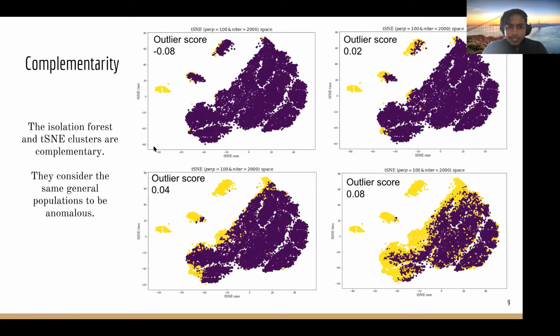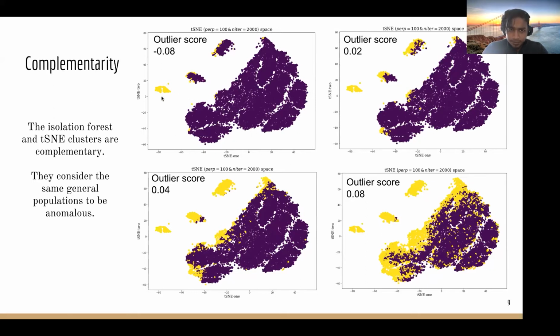What's shown here is a plot of the data in t-SNE space, just the compressed variables t-SNE1 and t-SNE2, and in yellow shown are the outliers that the isolation forest considers. As you go from one plot to the next, the bar for the isolation forest to consider a data point anomalous is lowered. So more and more anomalous data points are being considered.